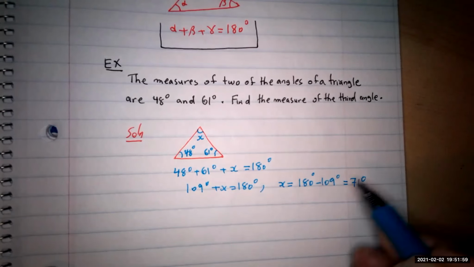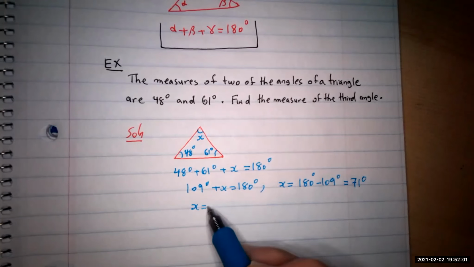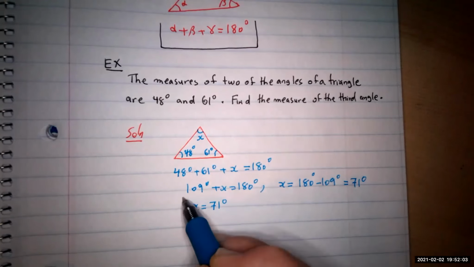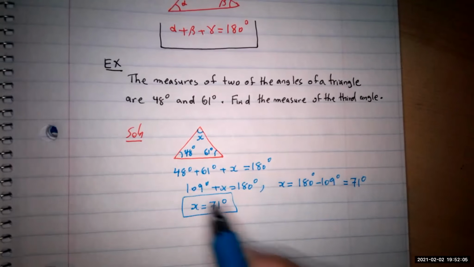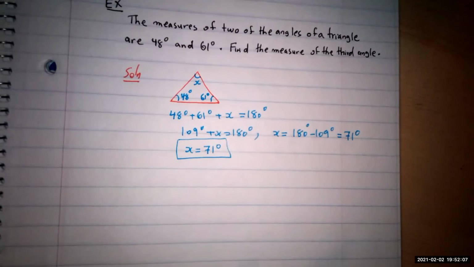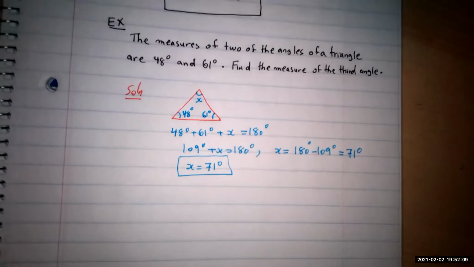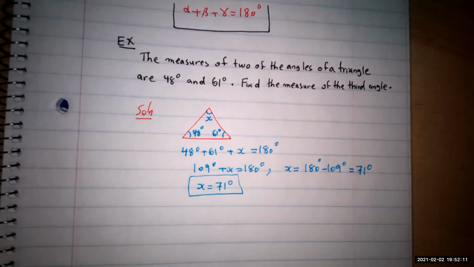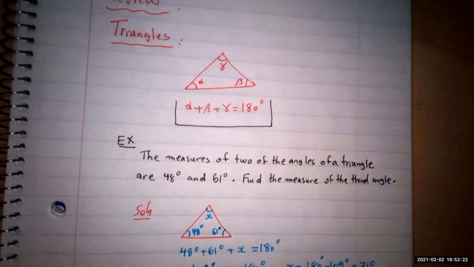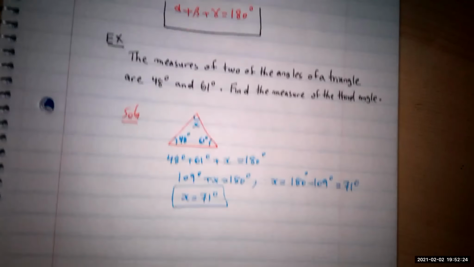Usually we just do it right away, but this is just to remind you that the sum of all the interior angles inside a triangle is going to be 180 degrees. So in order to identify those three angles, you need two angles so that we'll be able to find the other one.